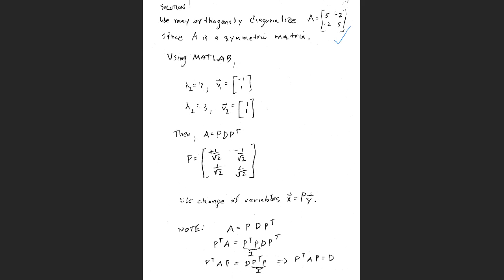And we want to orthogonally diagonalize that matrix. So of course we know that we have to find the eigenvalues and the eigenvectors, and that's easily done in MATLAB. Easily done.